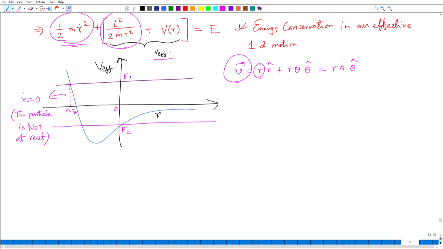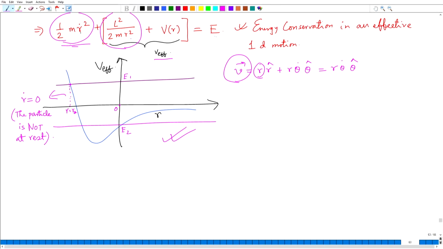So, actually at a turning point in this 1D motion, the particle is not at rest; the particle has a pure tangential or cross radial movement. The velocity is exactly in the cross radial direction.